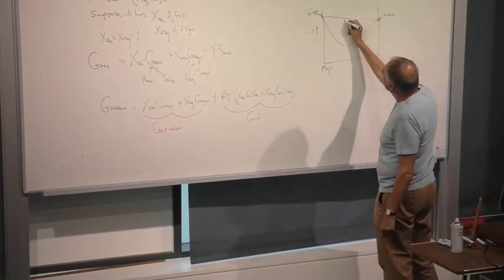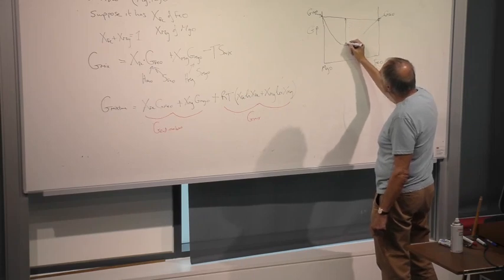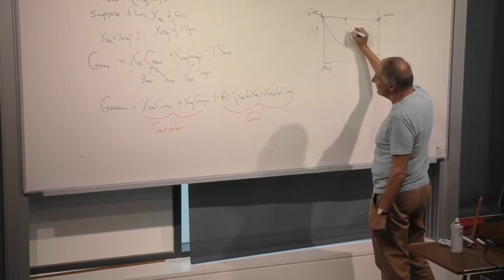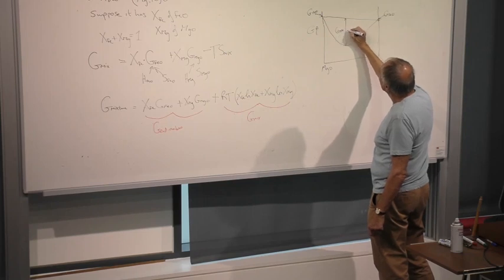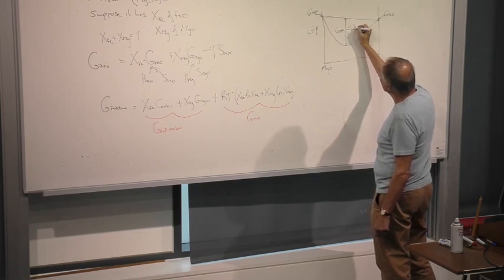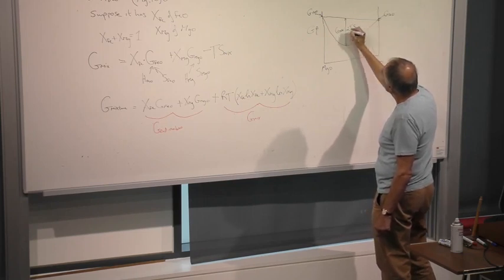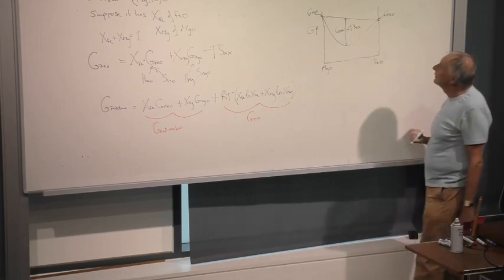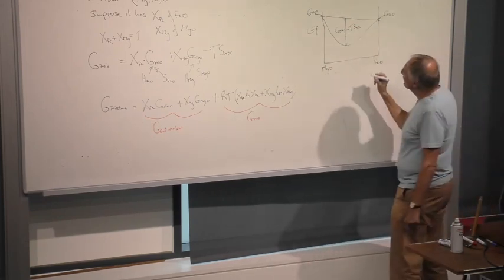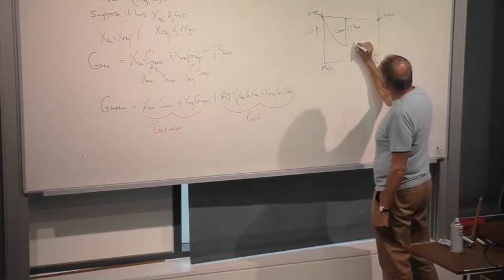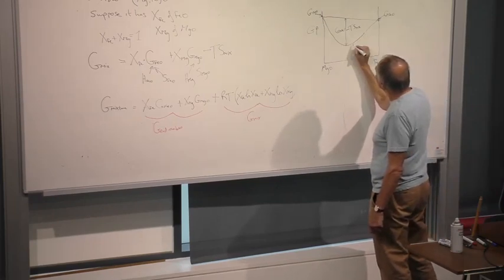And that distance there is the free energy of mixing, which is minus T times the entropy of mixing. And of course, in general, what we want is the chemical potentials.